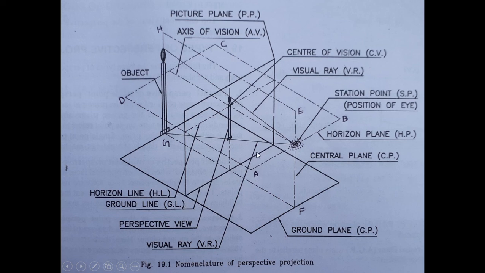Then the rays of vision: the rays which fall from the station point, or the observer's eye, into his eyes are called rays of vision. You can see the rays of vision, and you are getting the image here in the picture plane. So the image is actually the set of all points piercing the picture plane.